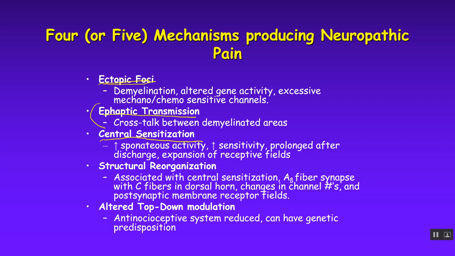You get stronger connections at the synaptic cleft, increased receptor sites, increased release of synaptic vesicles, and the cells upregulate their metabolism to do more production. They might grow sprouts and collaterals to other nearby axons. So you're strengthening this pathway. But then it can get to the point where you get actual spontaneous activity. It gets so strong and so sensitive that any little thing can set off that pathway and send a pain signal or response, okay?